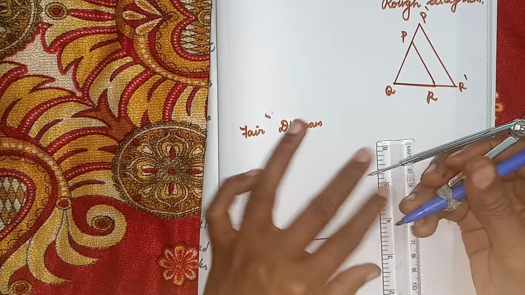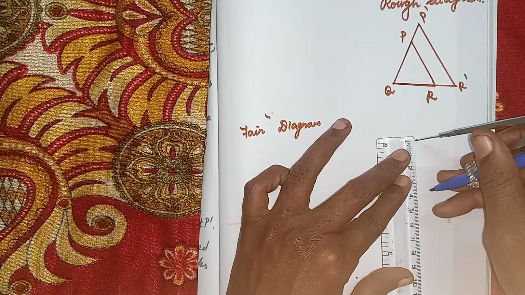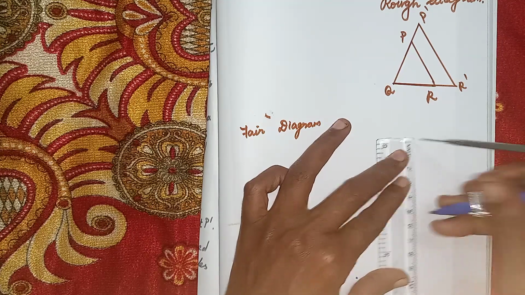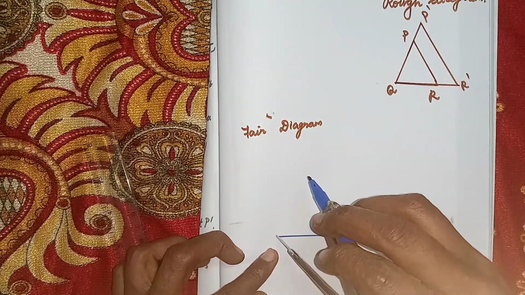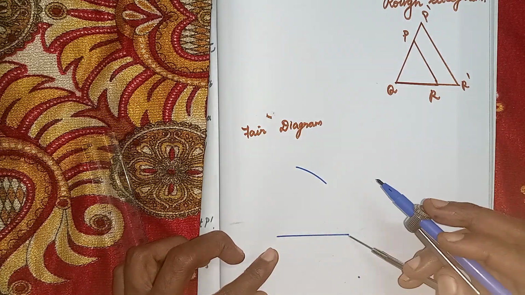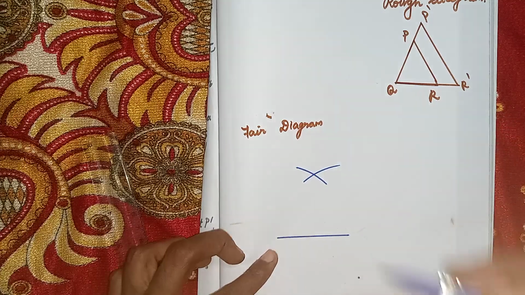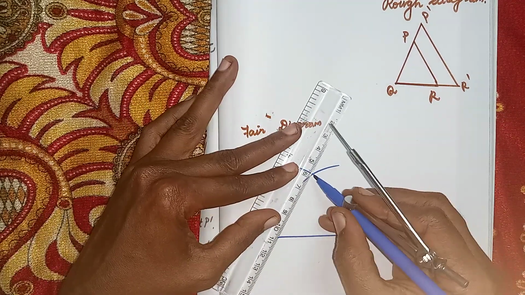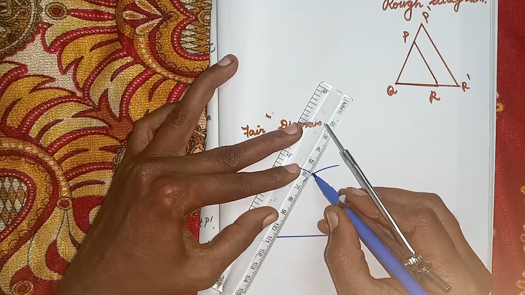Measure 5 centimeter in the scale and the compass, and construct a triangle of side 5 centimeter. Any measurement you can take.